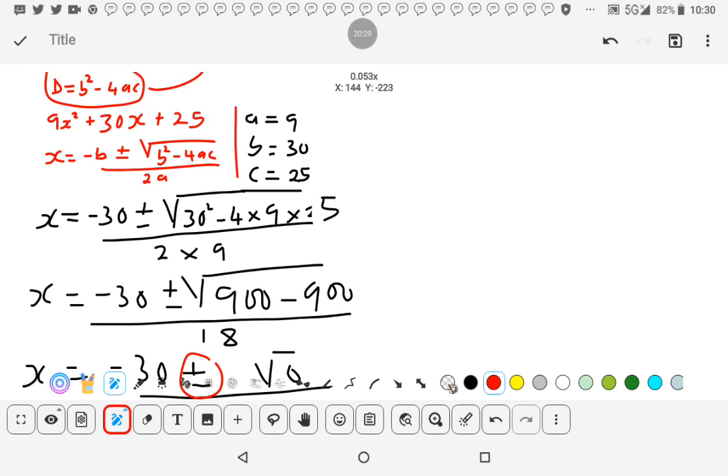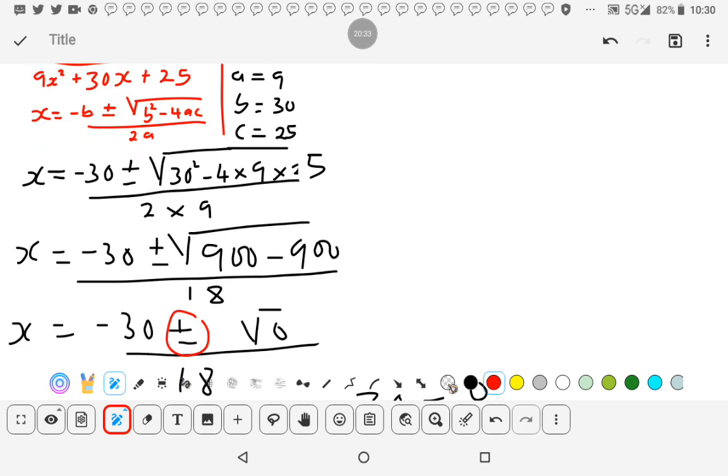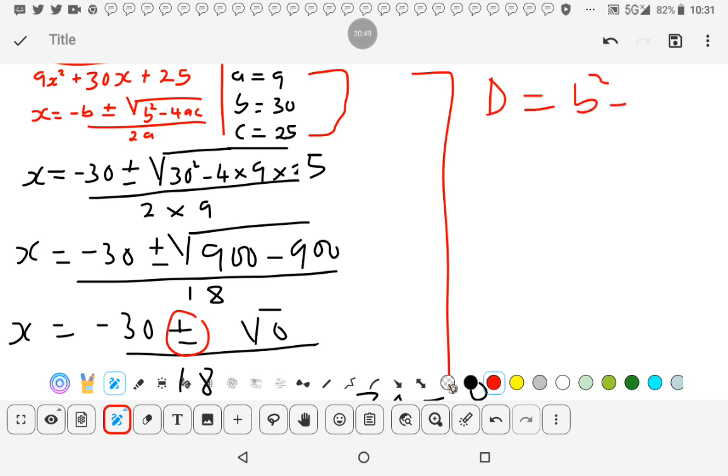This is the original question given, and these are the values given. So, for example, you are asked to calculate the discriminant. The discriminant is d equal to b squared minus 4ac.